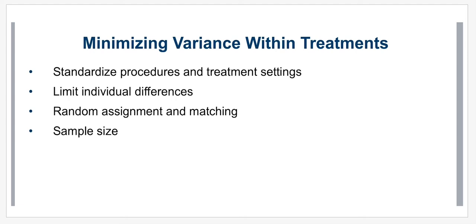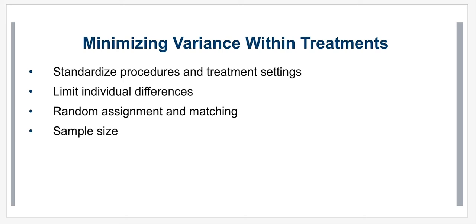Because if you think about it, matching and balancing those characteristics, those individual differences across the groups, yes, it helps the differences between the groups, but it doesn't help making sure that your within groups variance could still vary depending on what variable you're looking at.